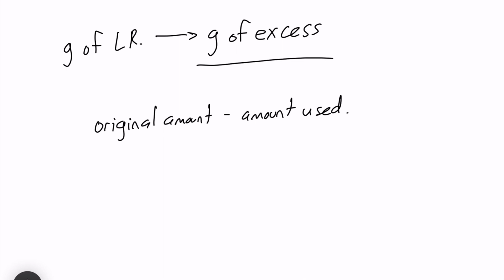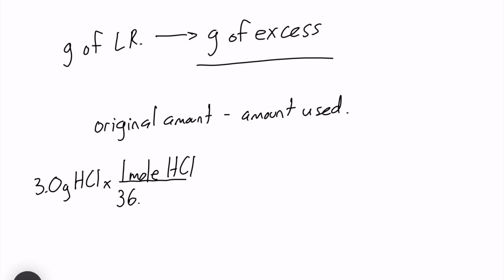So we know our LR is 3 grams of HCl, and we're just going to get to moles of HCl. So we have 1 mole of HCl on top, and that's divided by our molar mass, which is 36.46 grams of HCl.